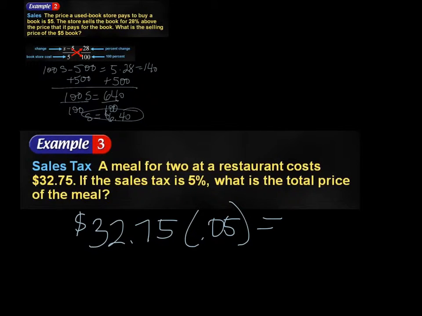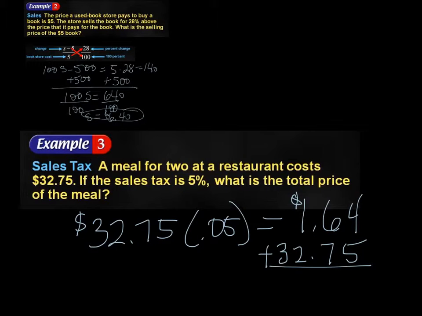And of course, they're going to round to the nearest penny, so it would be $1.64. And then we need to add that back to the $32.75. And we get $34.39 with tax.